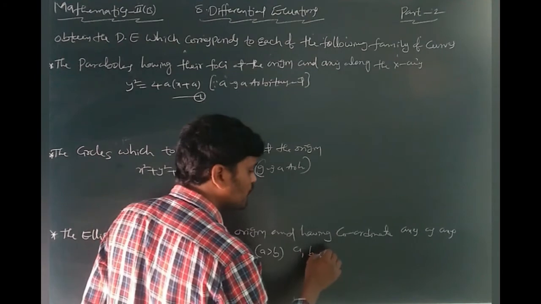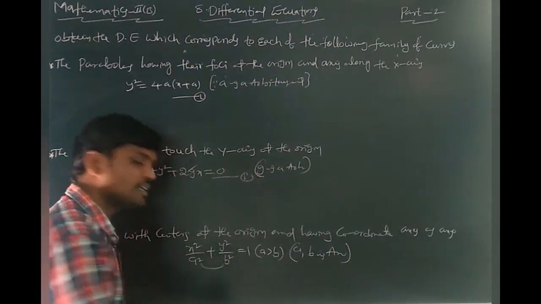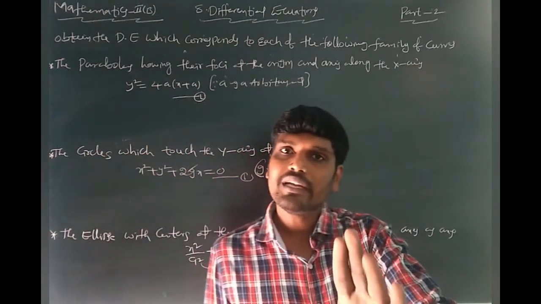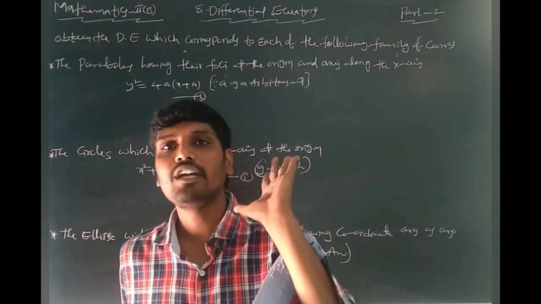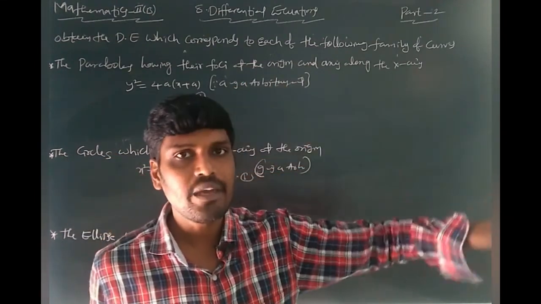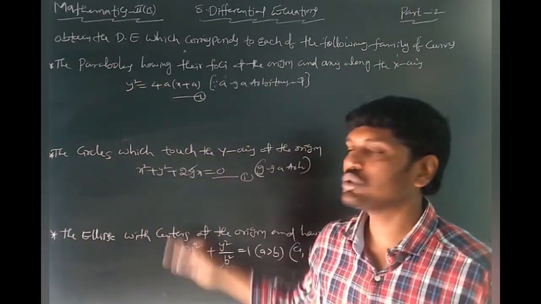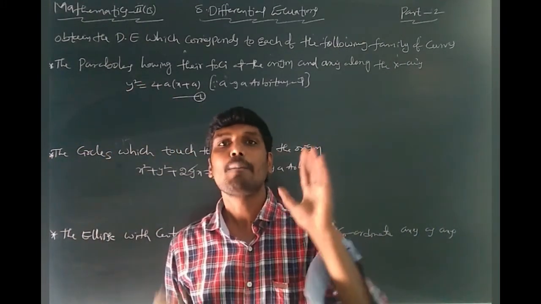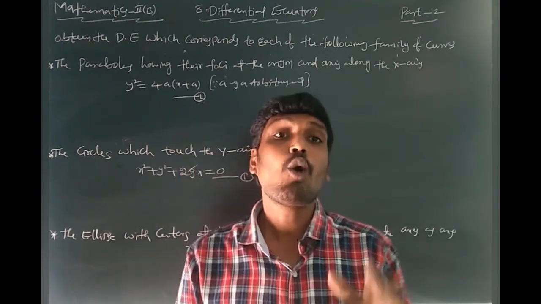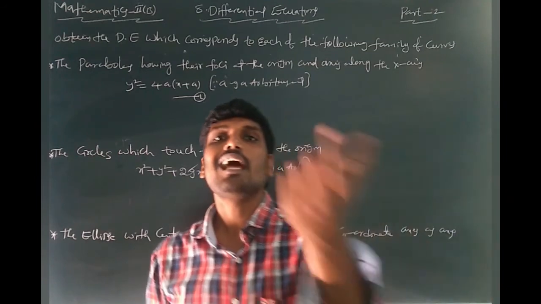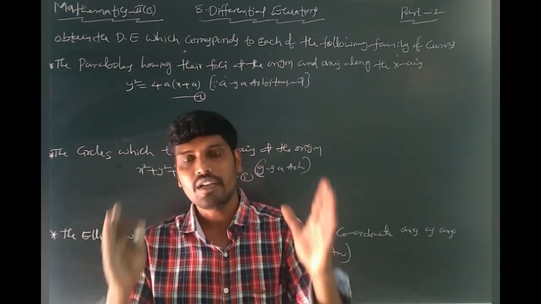Here a and b both are arbitrary constants. Then you take the derivative of this family of curves two times, eliminate a and b, and you get a differential equation. In this way you can do it for a family of curves. First find the equation of the family of curves. After that, see how many arbitrary constants there are, and take derivatives of that curve. You get a differential equation.